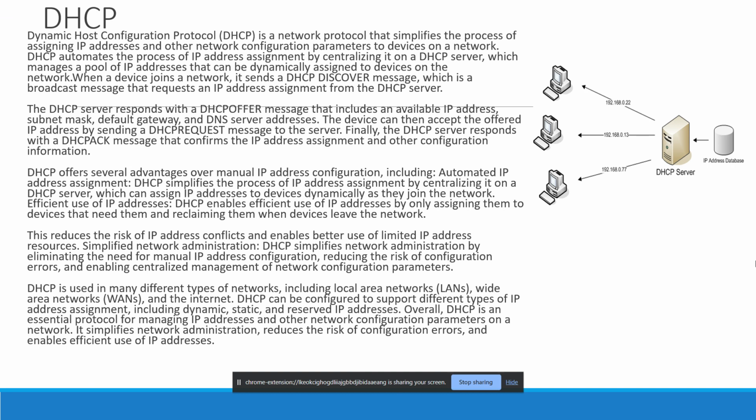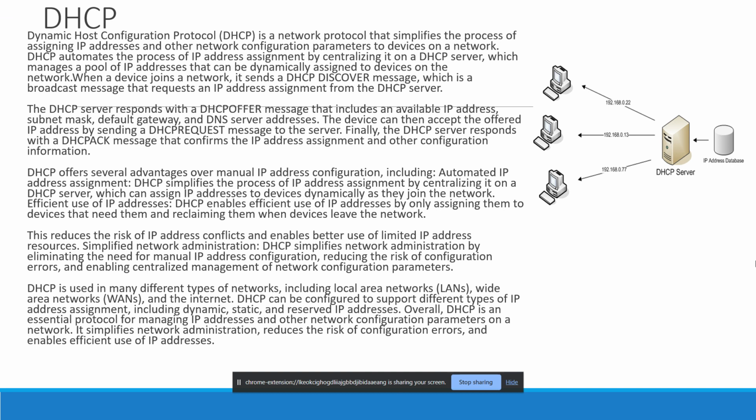Simplified network administration is also possible due to DHCP, as it eliminates the need for manual IP address configuration, reduces the risk of configuration errors, and enables centralized management of network configuration parameters.